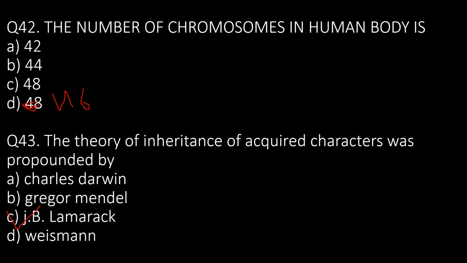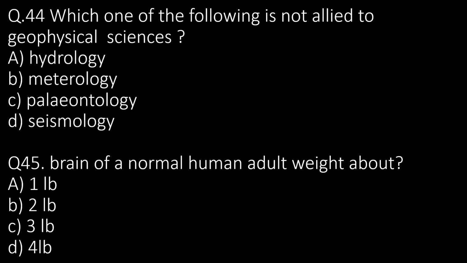Our next question is, which of the following is not allied to geophysical science? And the right answer is option C, paleontology. All the remaining three, hydrology, meteorology, seismology, are studied in geophysical science.